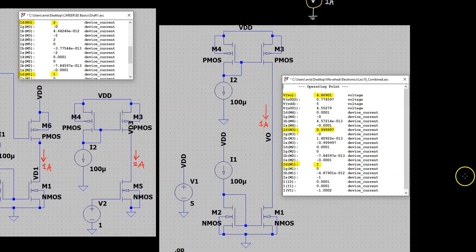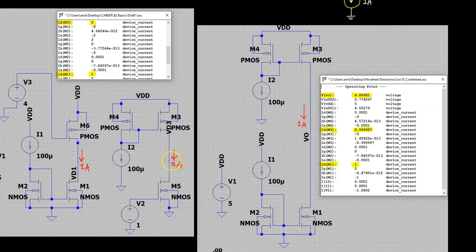That's terminology for analog design and transistors, which we're not going to get into right now. But what that means is one of these guys succumbs to the pressure, and basically, as you can see, the current through the first guy, M1, is 1 amp, and the current through the third transistor here is 0.9999, very close to 1 amp. Whereas previously this guy, M3, was giving us 2 amps.